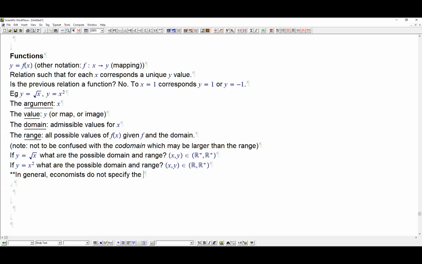All right, so economists do not specify the domain and codomain when they are obvious. For instance, input, or production, or GDP, or many, many different things.